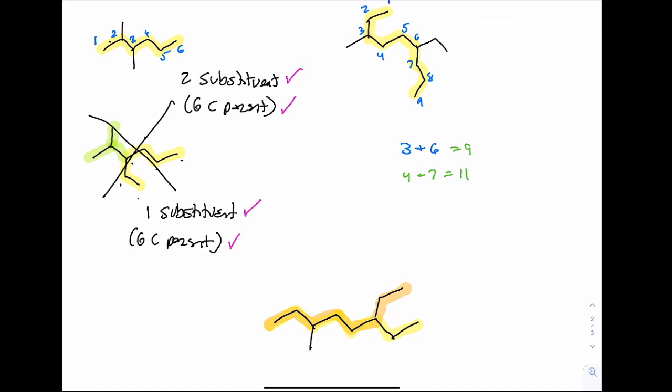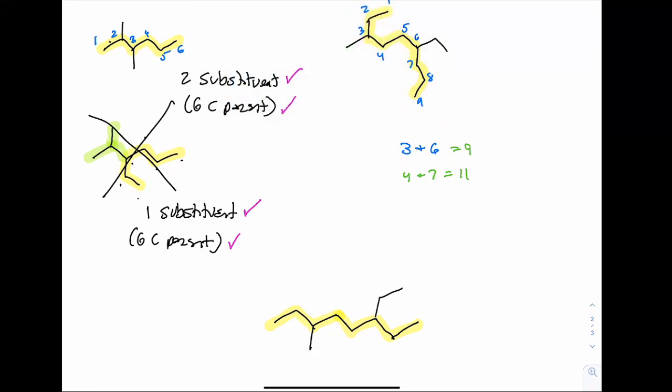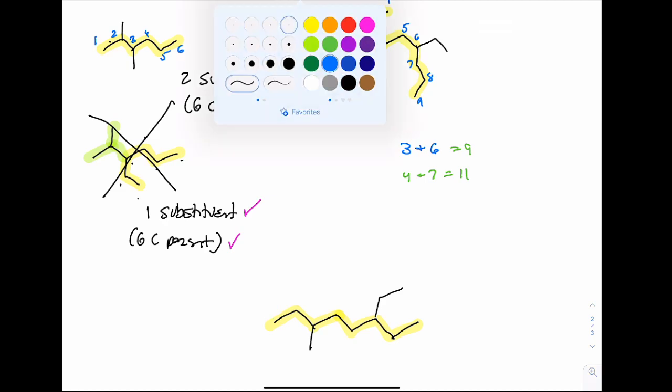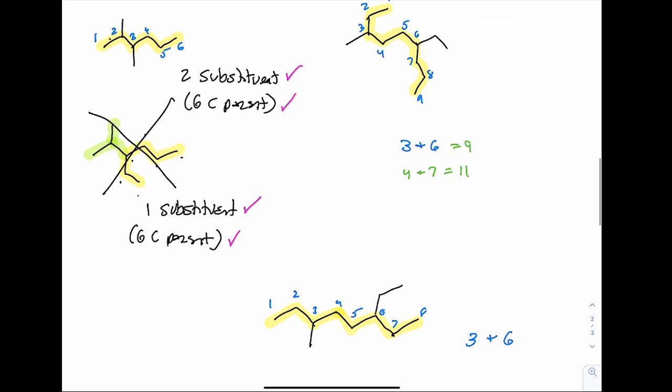Either way, I have 8 carbons in my parent from either direction: 1, 2, 3, 4, 5, 6, 7, 8. And then when I go to number this, if I go this way, 1, 2, 3, 4, 5, 6, 7, 8, I have a substituent on carbon 3 and a substituent on carbon 6, right?